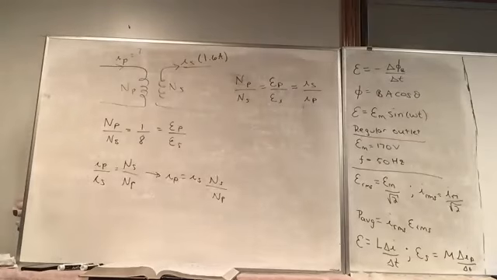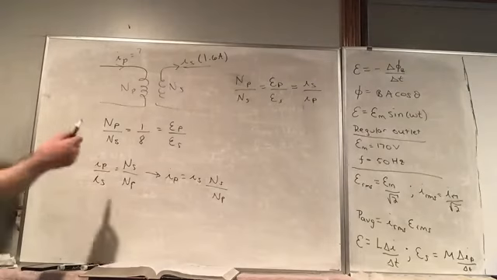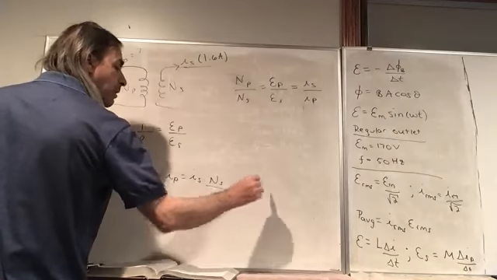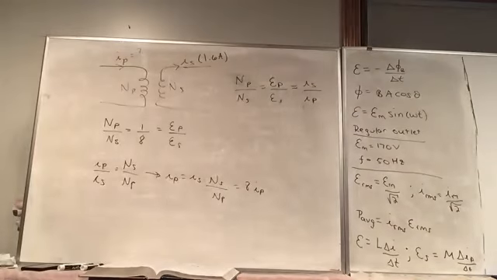So if we solve for the primary current, we have the secondary current times NS over NP, which is 8. So we have 8 times the current in the primary coil. Wait, let me see if this is making any sense.